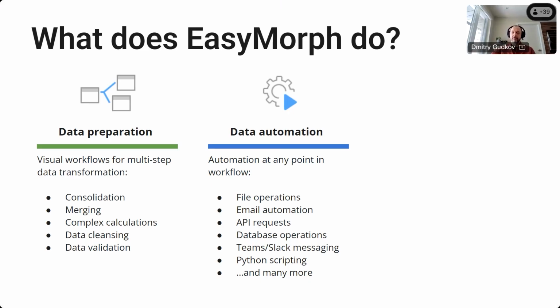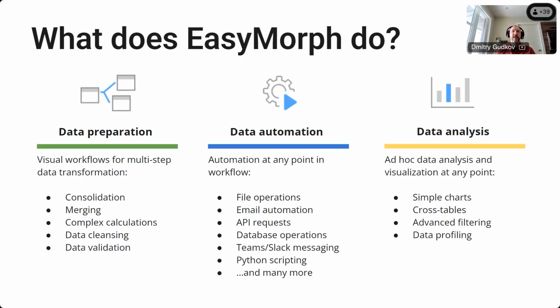So, and this is part of EasyMorph capabilities as well. And finally, since like Excel, EasyMorph is very visual, it's very reactive, it's intuitive, it makes it a great tool for data analysis, where you need to look into a data set or a set of records, and you want to make sense of it.